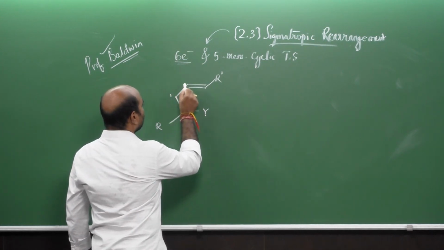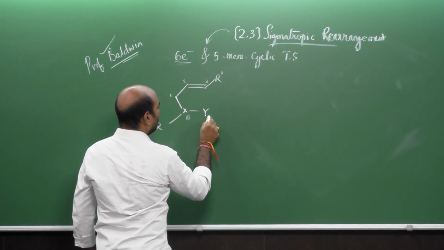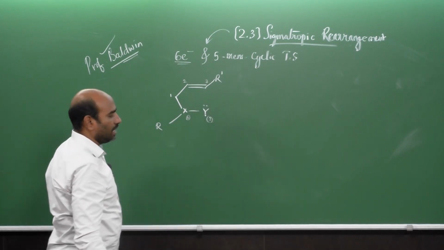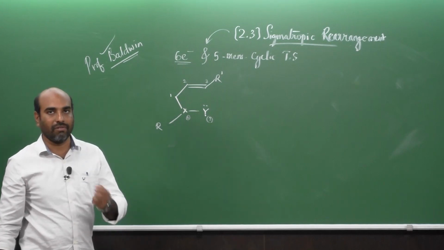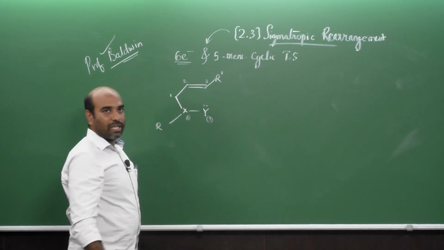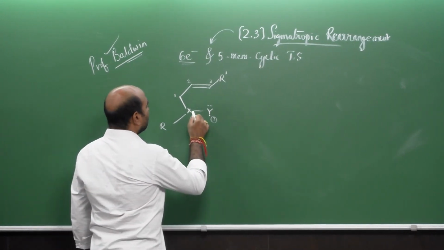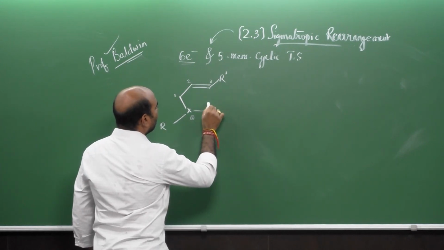So now this becomes 1, 2 and 3, this is 1 and this is 2. So the must condition you have to see is, if Y is an oxygen atom, of course, it will have the lone pair of electrons, and if Y is a carbon, it should have a negative charge, right. Then things will be in favor of the 2,3 sigmatropic rearrangement. What will happen?